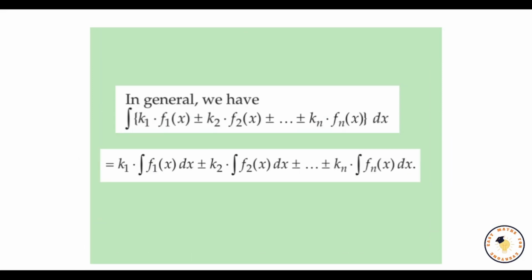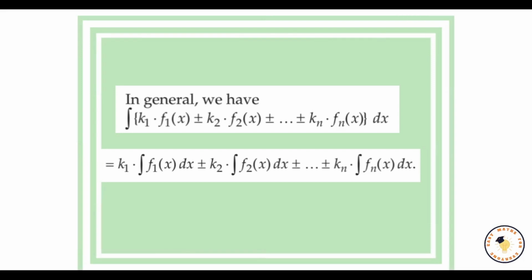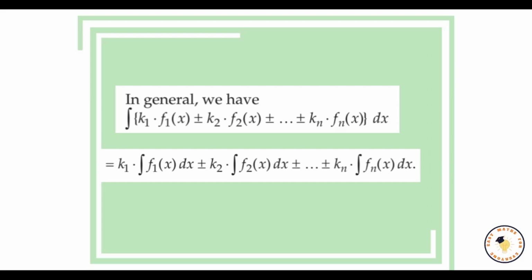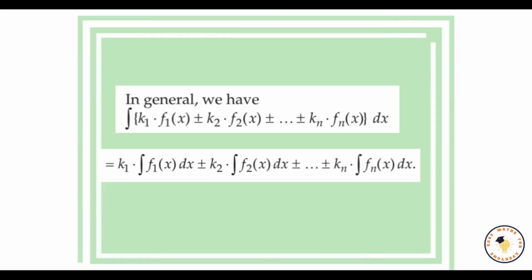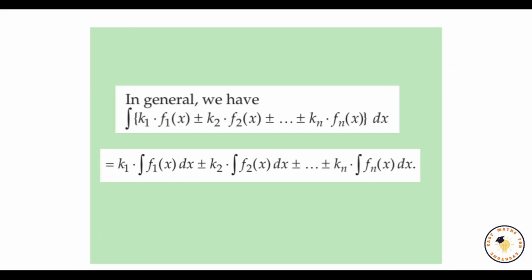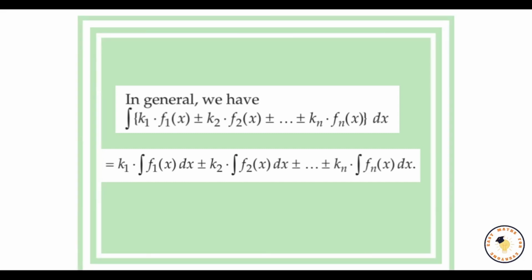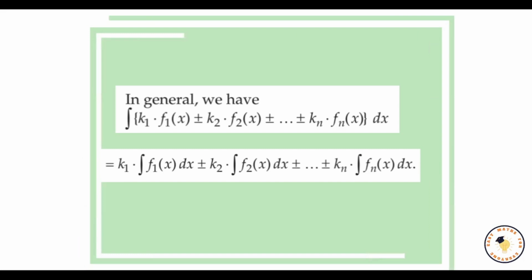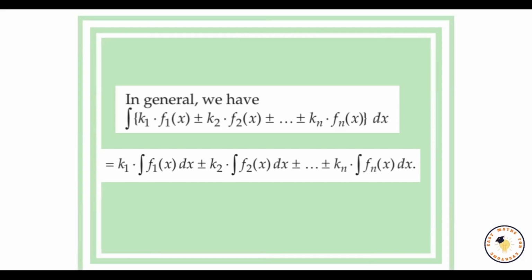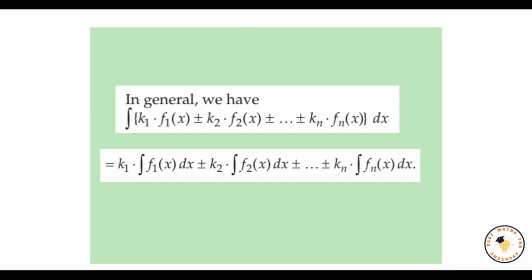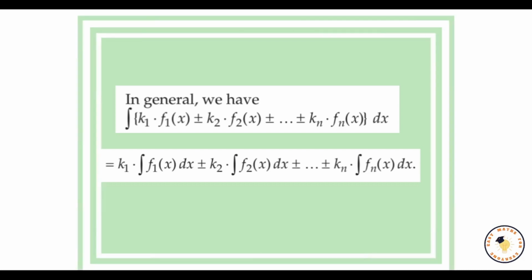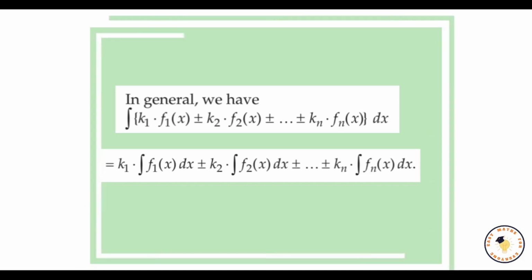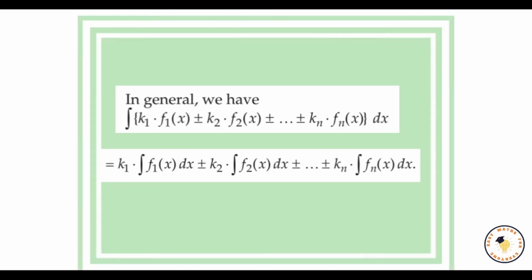These two theorems can be collectively expressed and generalized as integral k1 f1 of x plus or minus k2 f2 of x plus or minus etc. plus or minus kn fn of x dx equal to k1 into integral f1 of x dx plus or minus k2 into integral f2 of x dx plus or minus etc. plus or minus kn integral fn of x dx.